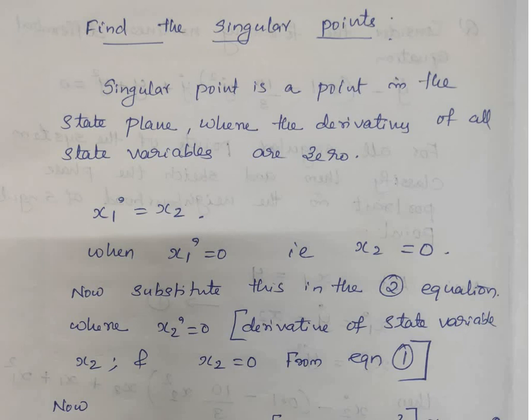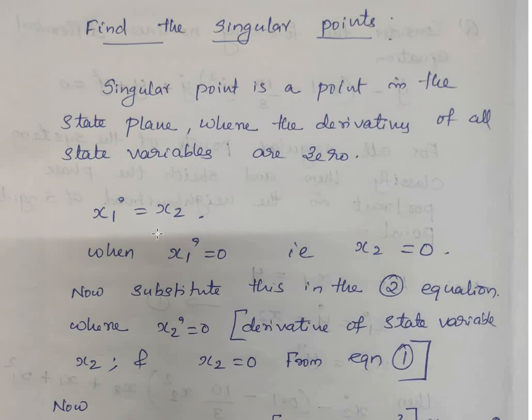It is a point where the system state is constant, and we can find it by substituting the derivatives of all state variables equal to 0. In other words, a singular or equilibrium point is a point in the state plane where the derivatives of all state variables are 0.